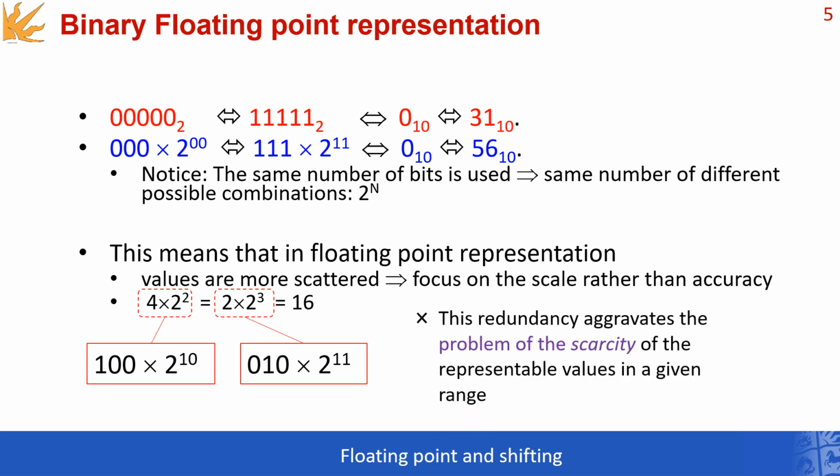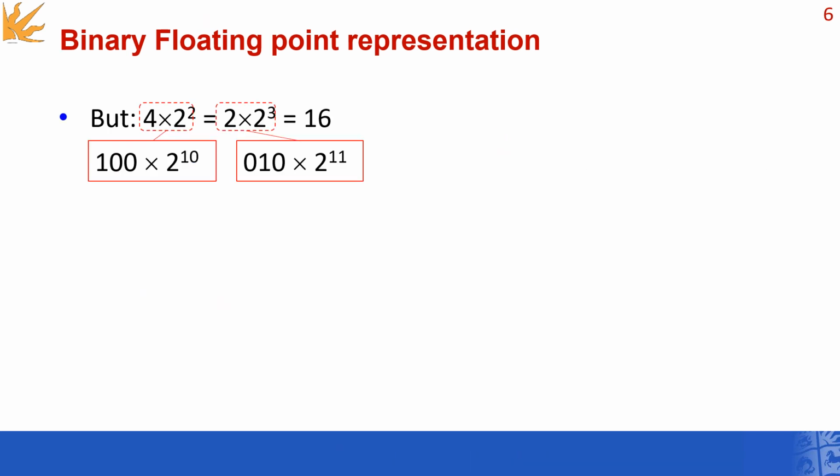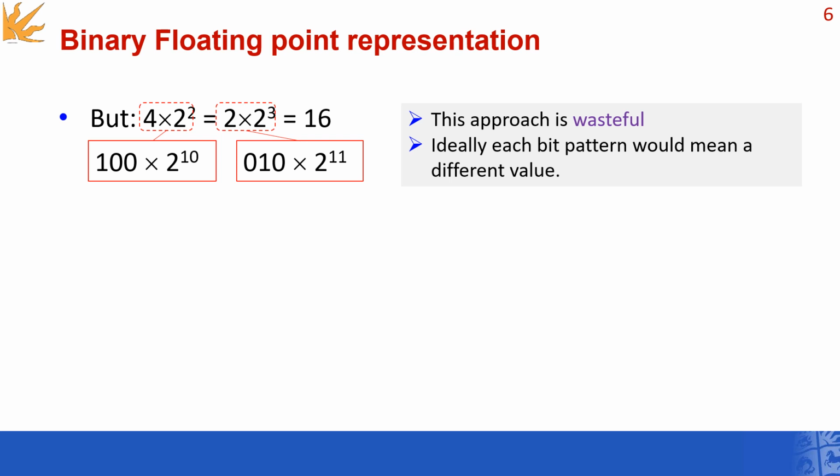This is a redundancy which aggravates the problem of scarcity. So not only are our numbers scarce, but some of them are represented twice. This is wasteful. Ideally, what you would want is to have only one representation for each number in the decimal system. There is a solution to that.